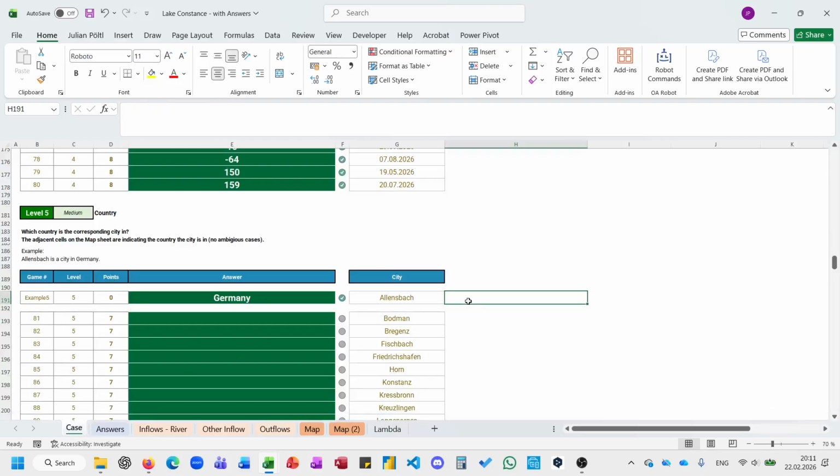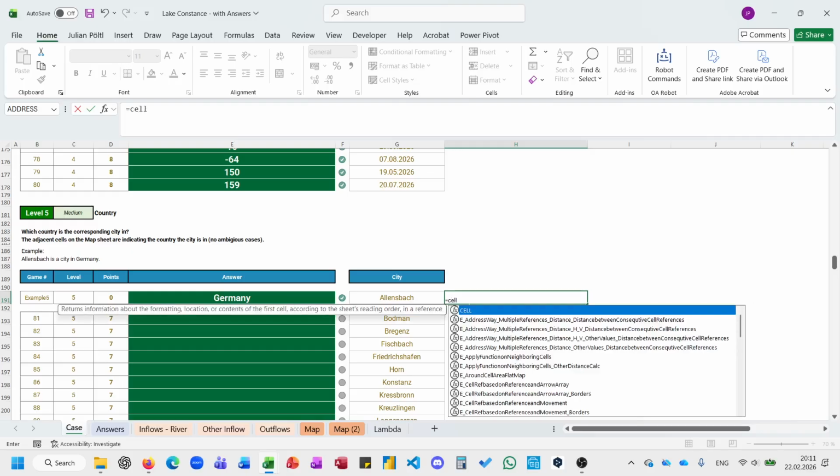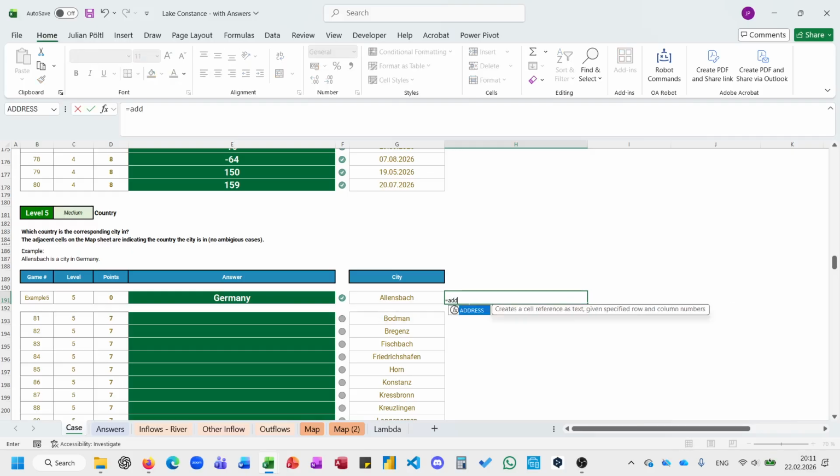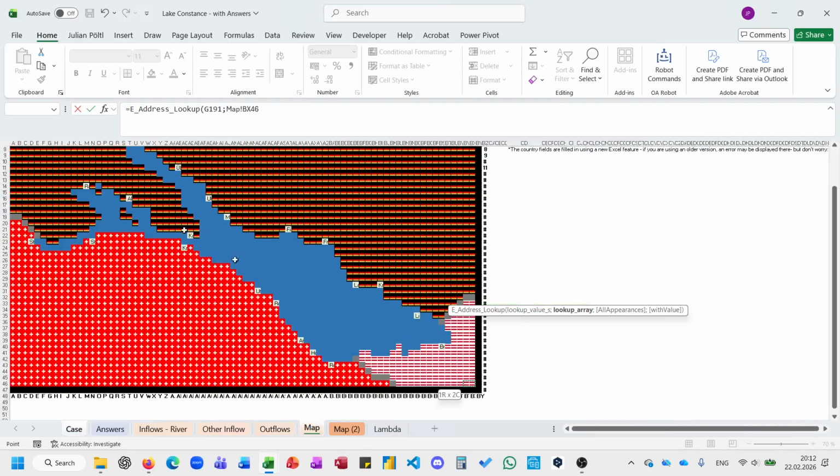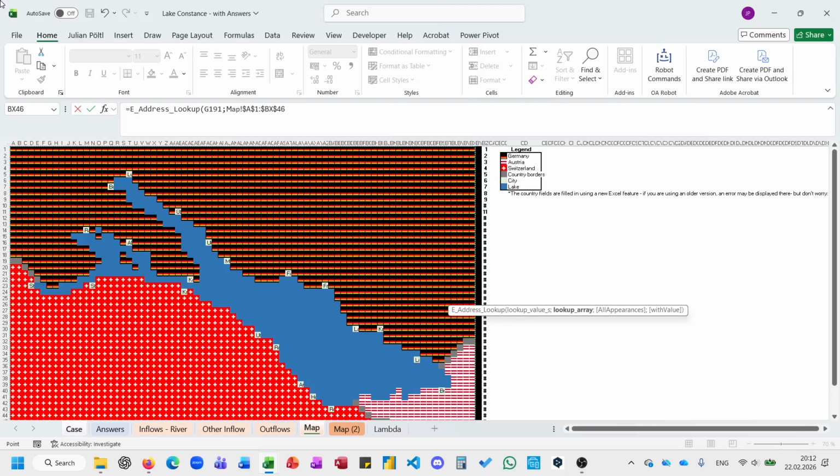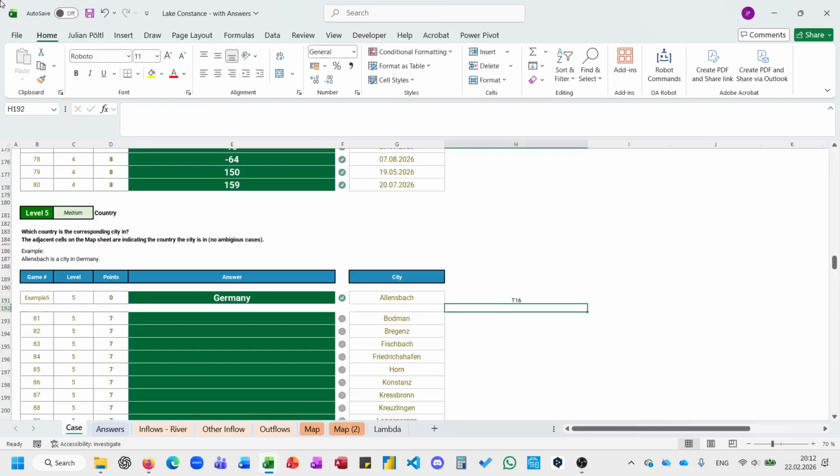But we can also do this with cell. So first, address lookup. One of my lambdas, I look up the city in the map, and I get then the address.